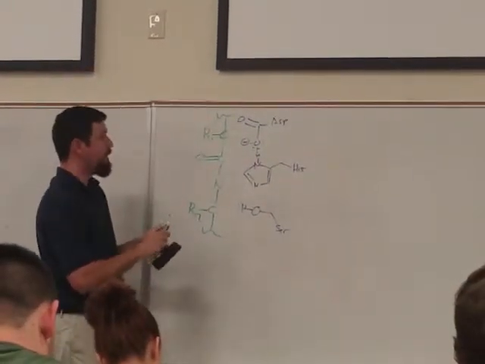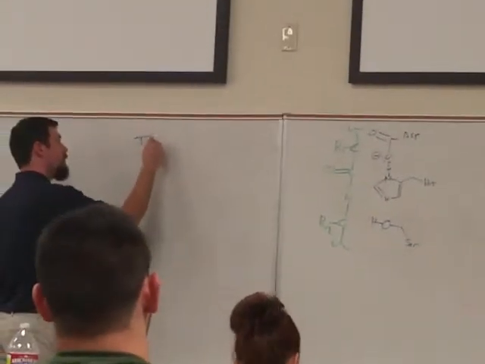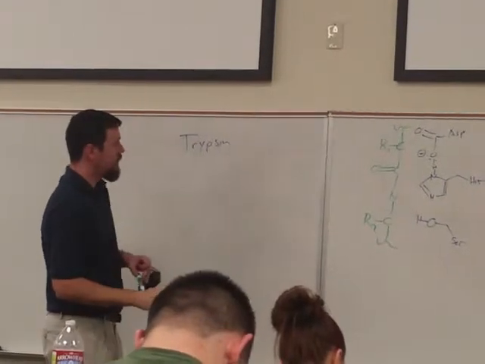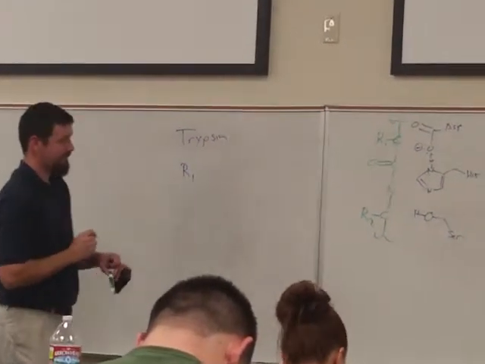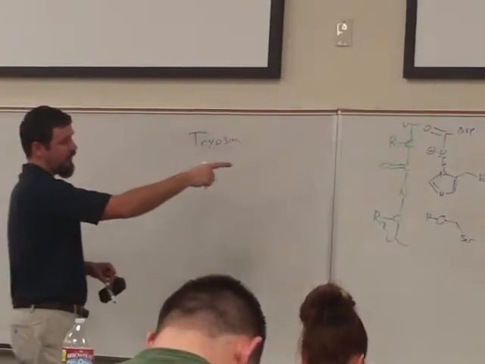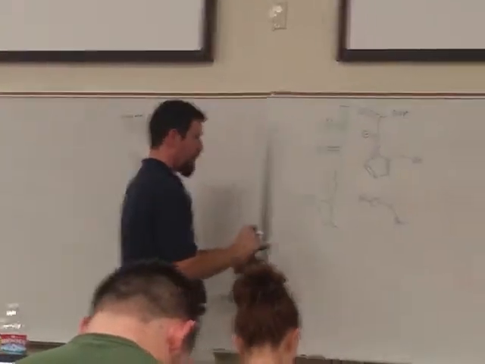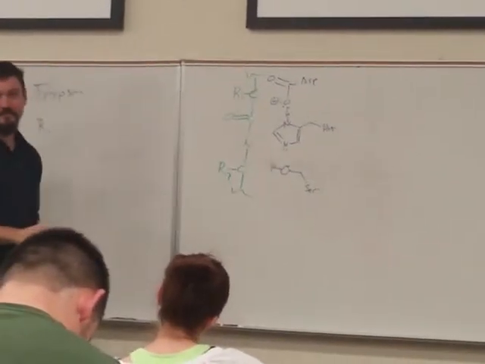And so, if I said this enzyme were trypsin, what would R1 be of this peptide?